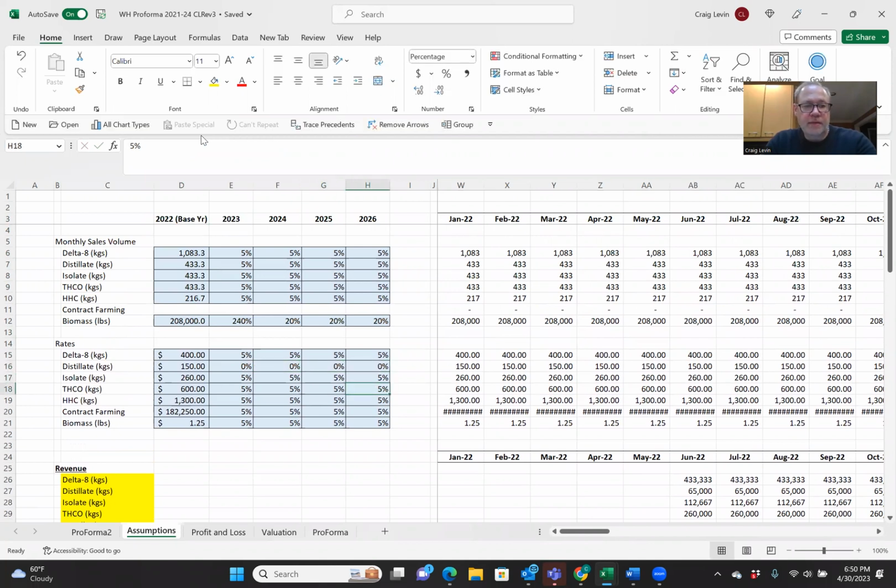And this THCO, the price is going to drop 5% every year. So as I'm doing this, it's affecting the whole model.